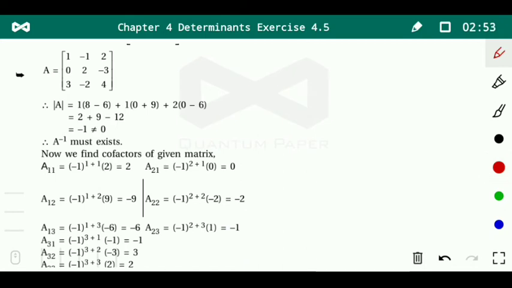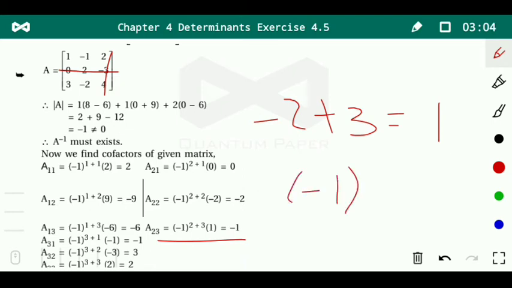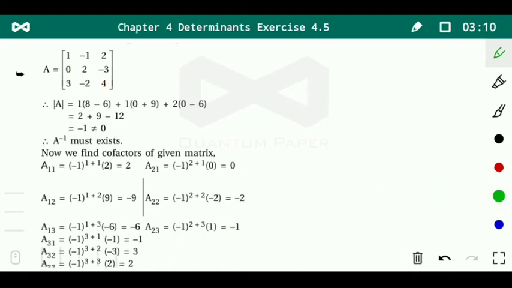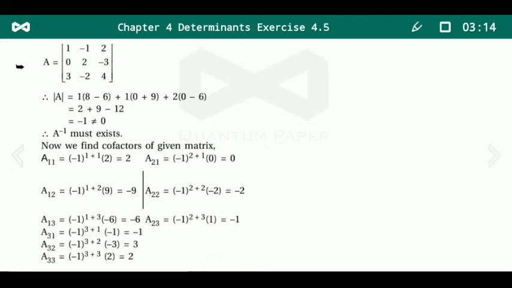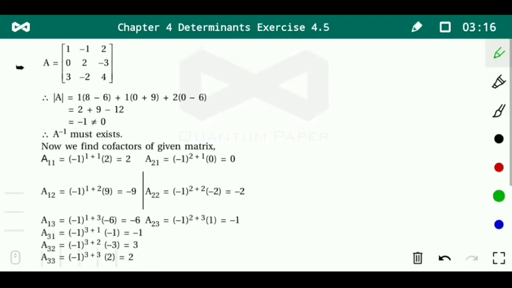Next A23. We remove second row, third column. So 1 2s are minus 2 plus 3 will be plus 1, and we multiply by minus 1 into 1, so it will be minus 1. So A23 will be minus 1. Next A31. We remove third row, first column.